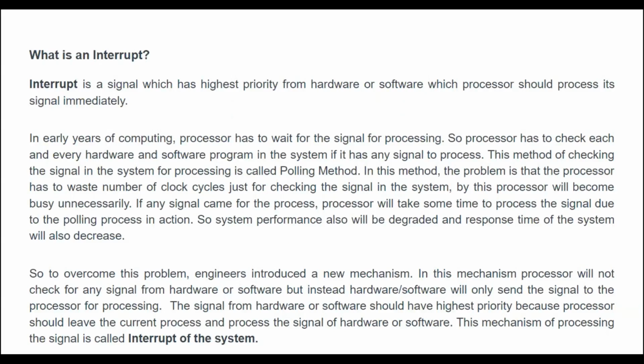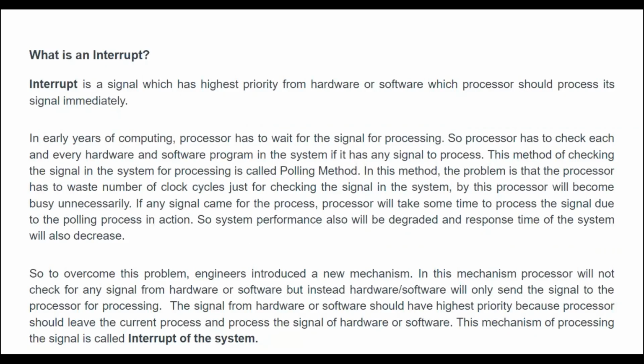So the processor becomes busy unnecessarily, and if any signal comes, the processor will take some time to process it due to the polling in action. The system performance will also be degraded and the response time of the system will decrease.